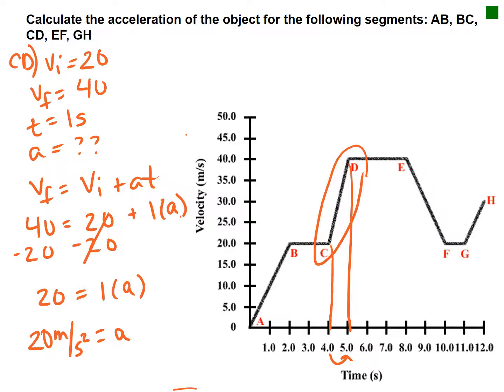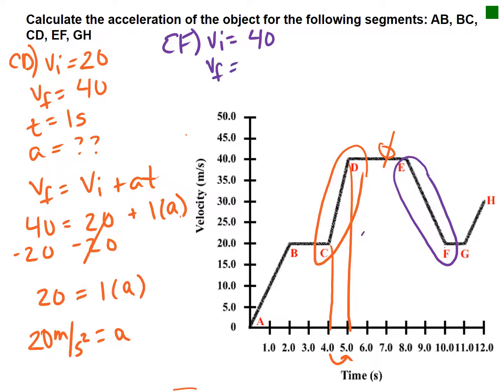Alrighty. Now we're not going to find DE because I think you can realize that the acceleration there is 0. So now we're going to EF. For EF, our VI is 40. Our VF is 20.